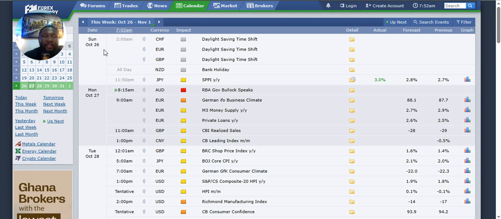So we have Sunday 26th October. Let's look at the time. The time is 2 a.m. We had news on the CHF and so on. We have news on the British pound, and we have the New Zealand dollar.